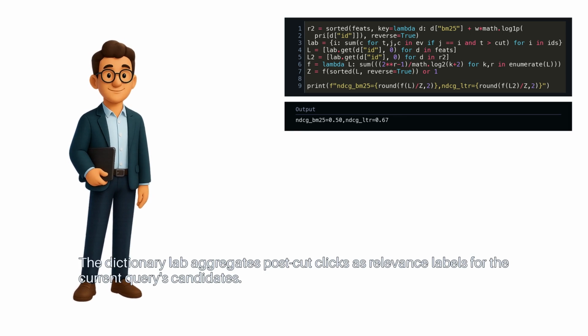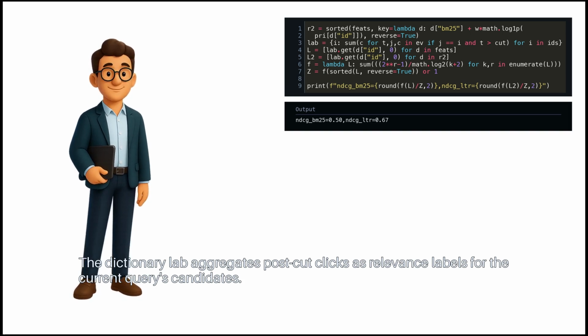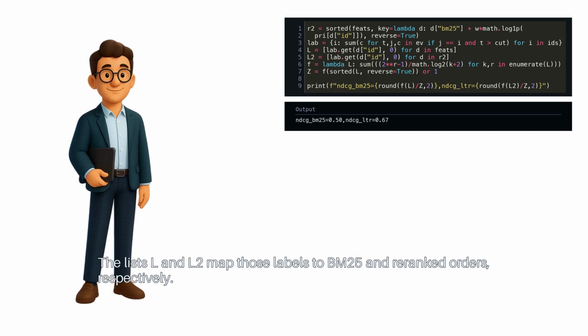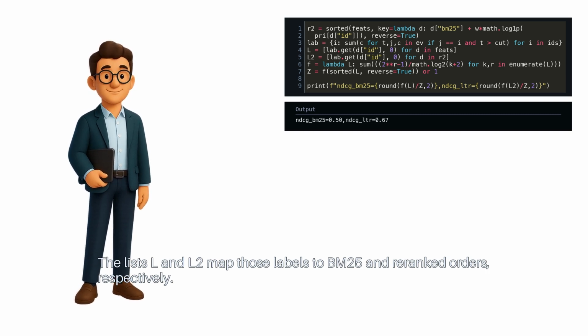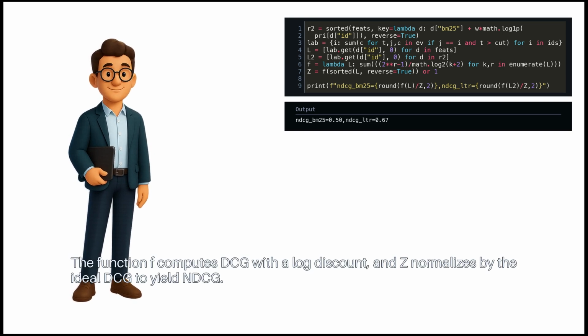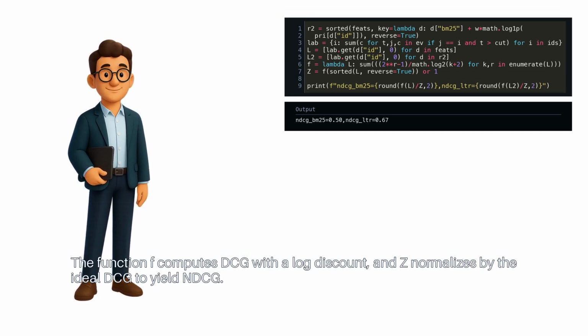The dictionary lab aggregates post-cut clicks as relevance labels for the current query's candidates. The lists L and L2 map those labels to BM25 and re-ranked orders, respectively. The function F computes DCG with a log discount, and Z normalizes by the ideal DCG to yield NDCG.